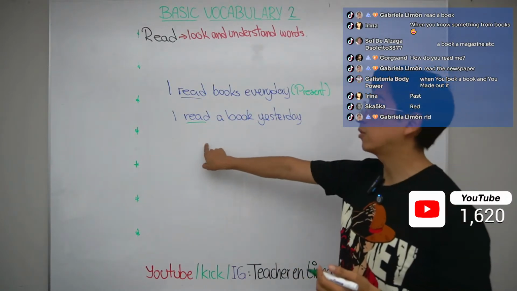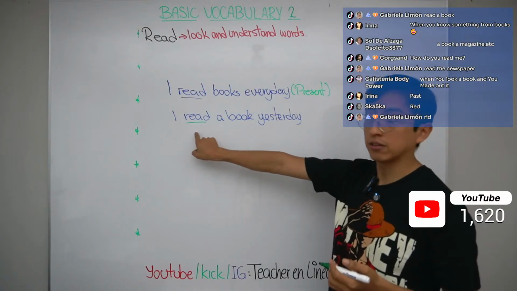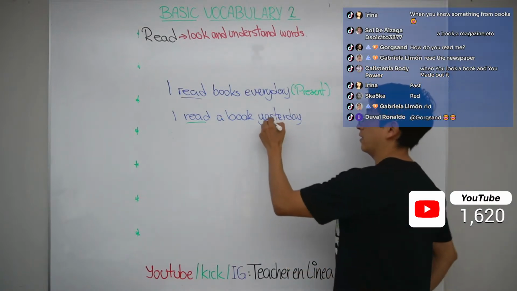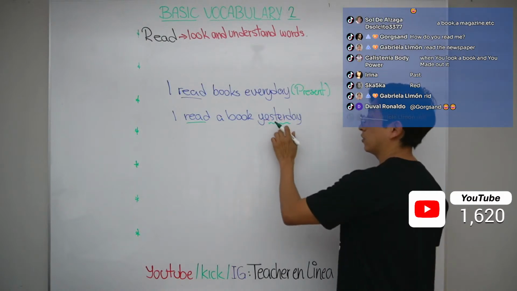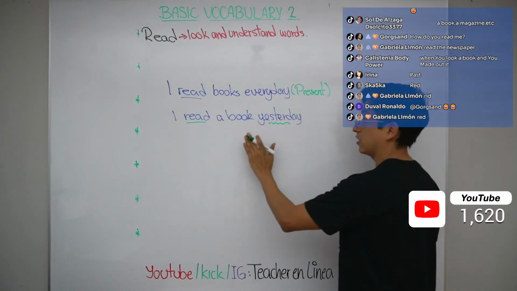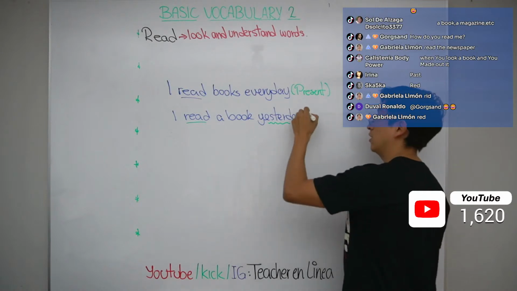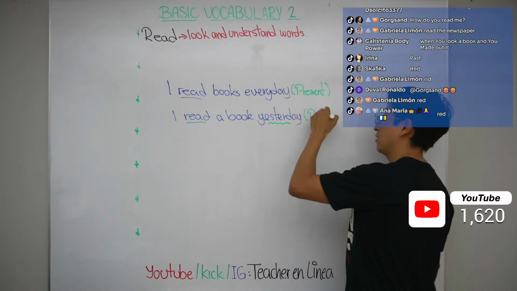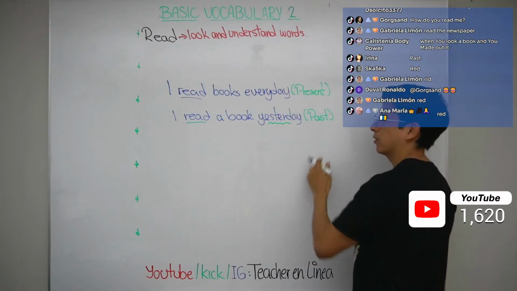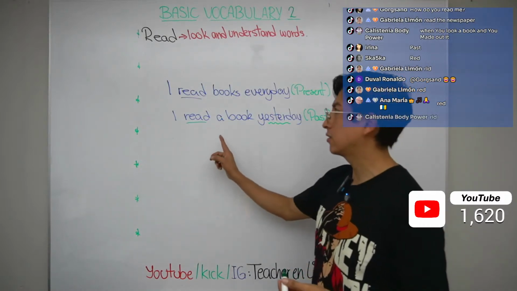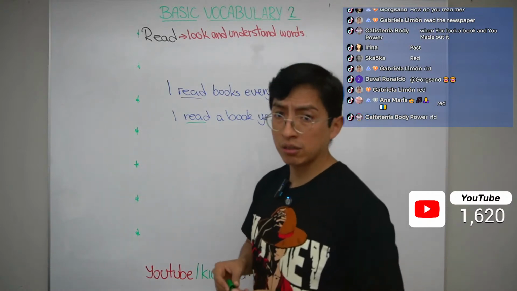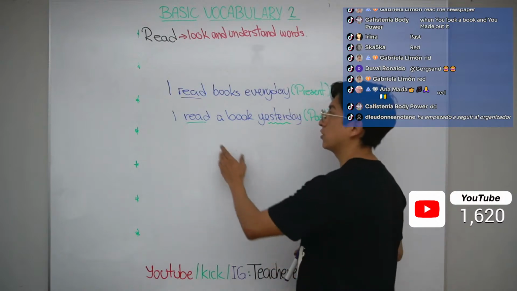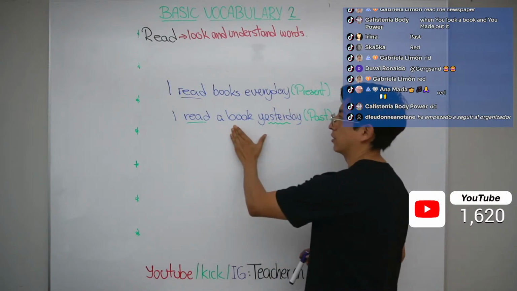Now, what is the correct pronunciation here? Pay attention. We have here yesterday. Yesterday is a time expression of the past, okay? Now, what is the correct pronunciation of this word? Okay, so the correct pronunciation is I read a book.